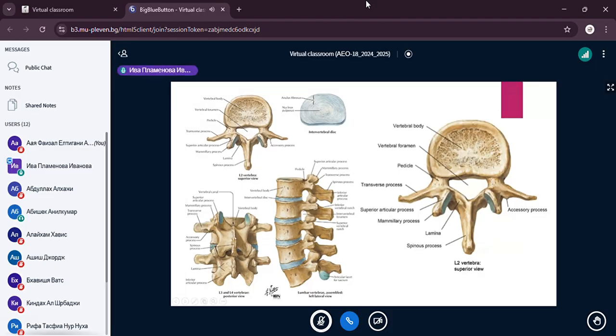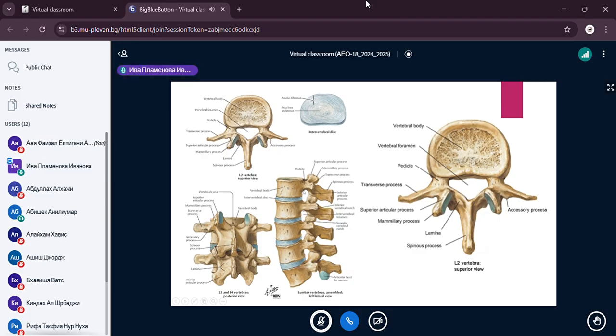Here is the spinous process. What was that here? This one here on L1 and this one here on L2. Do you remember? Two notches.